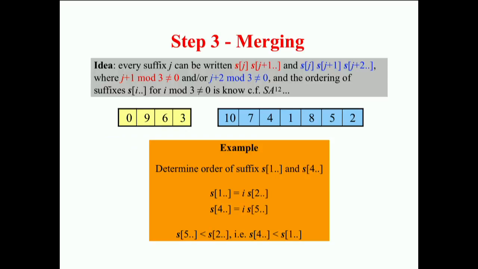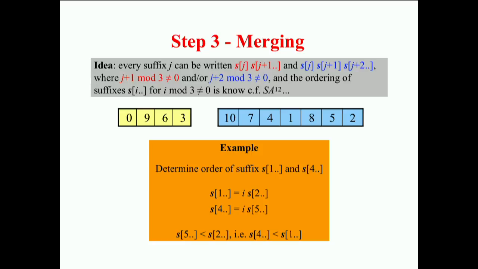The way I can merge these things is different from the step that I just did before. I might have to look at not only just the one character, I might need to look at two characters, depending on what string I'm comparing it from. Simply because if I'm comparing an entry from SA12, just looking at the next element is okay. For SA0, I need to look at two more elements.